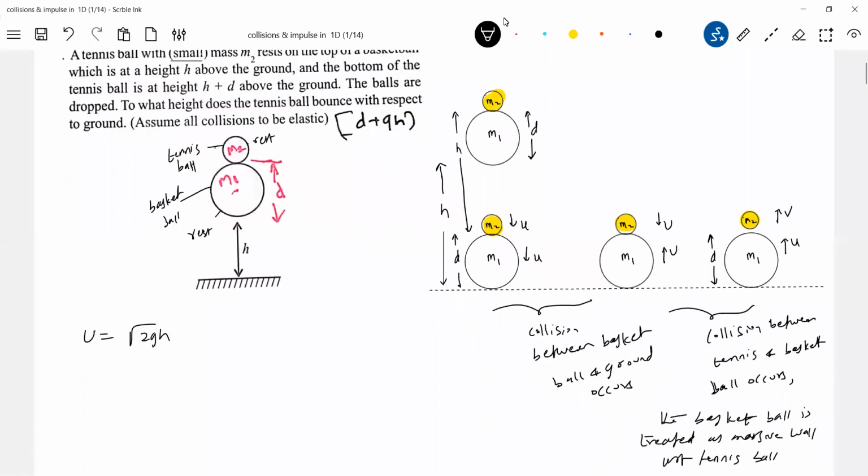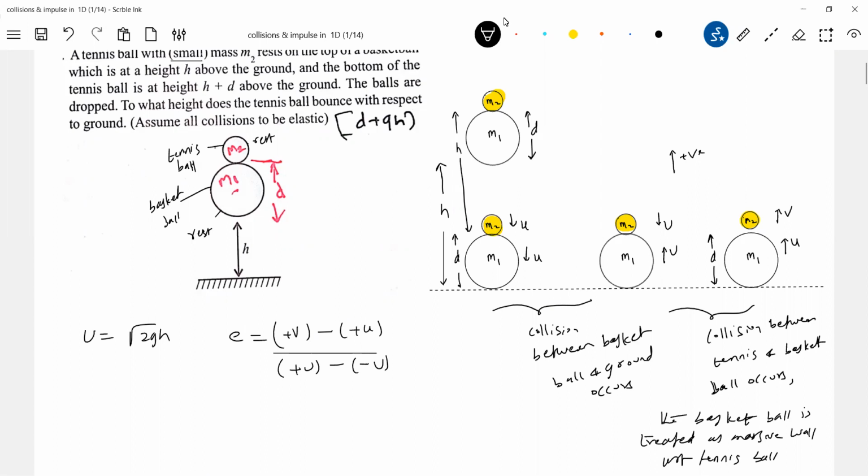So let's write. The coefficient of restitution formula you apply. Anything directed upward, I'll take as positive. And it's an elastic collision, so e equals 1. So I'm writing the equation. The tennis ball is 2, no? So V after collision, and the basketball velocity after collision is upward, so plus U, minus (minus U).